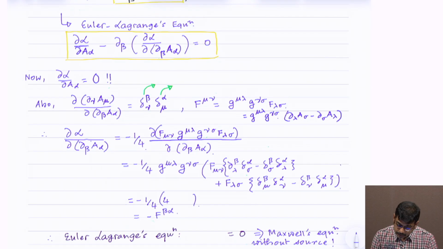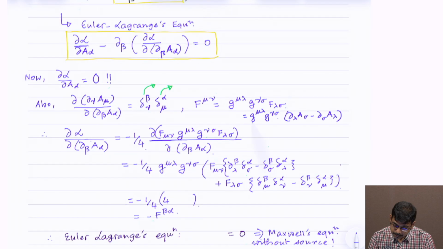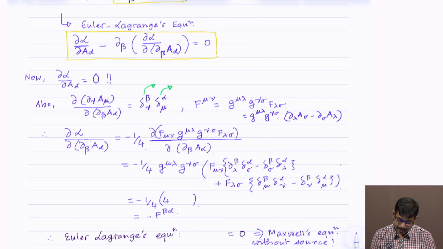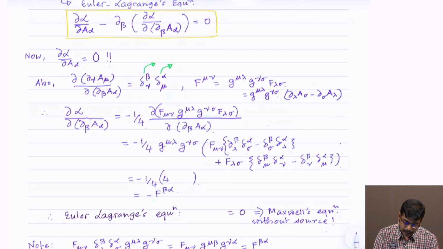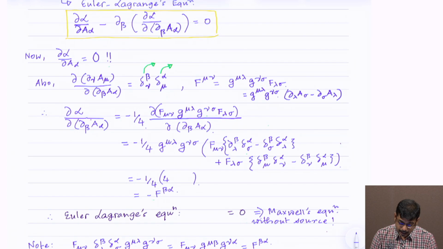Now, we can also rewrite f mu nu in terms of g mu lambda, g nu sigma, f lambda sigma, and that is g mu lambda, g nu sigma, del lambda A sigma minus del sigma A lambda. Now, let us come back to this point: what happens to del L of del of del beta A alpha?